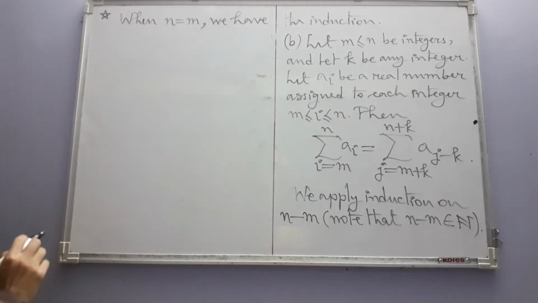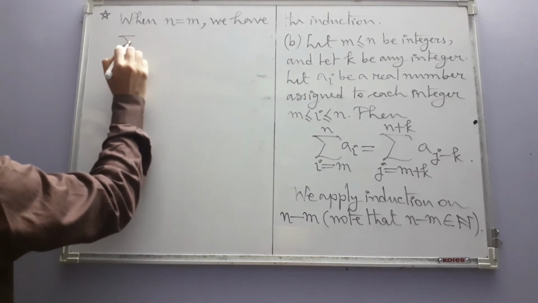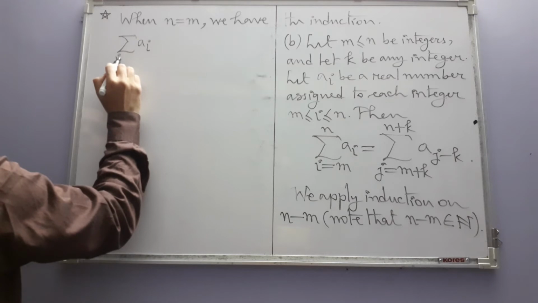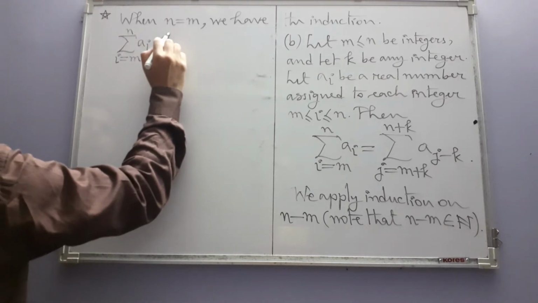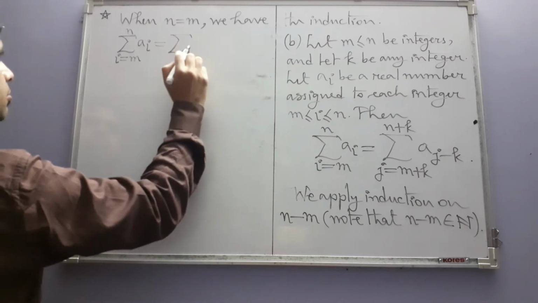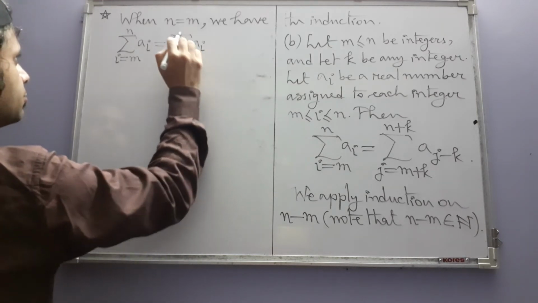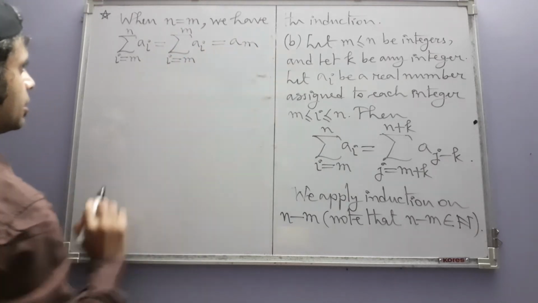we have summation a_i, varying from m to n, which we know is nothing but a_m.